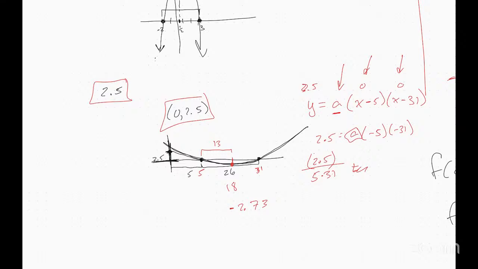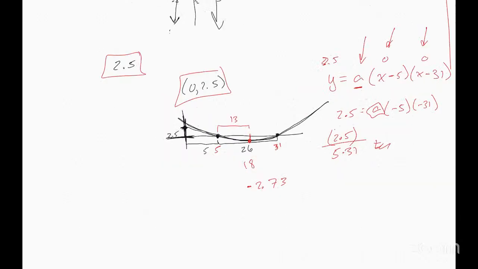I think there's another way to do this besides that. I mean, there is another way to do it. Here's another way, maybe this would be easier for you. Do you remember how we could use those 3 points? We just did it. That point, 5 comma 0 and 31 comma 0.